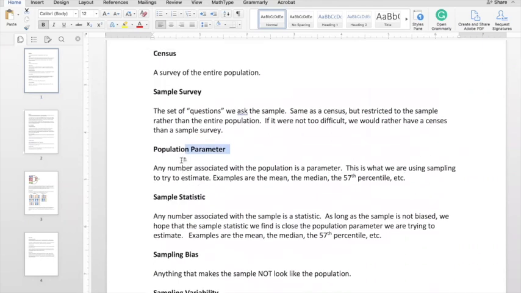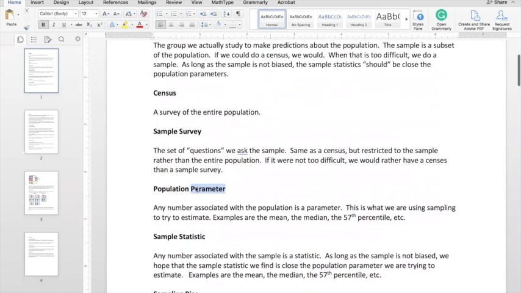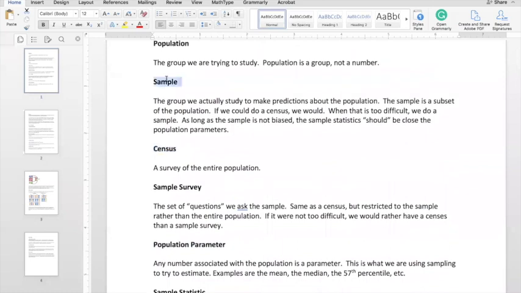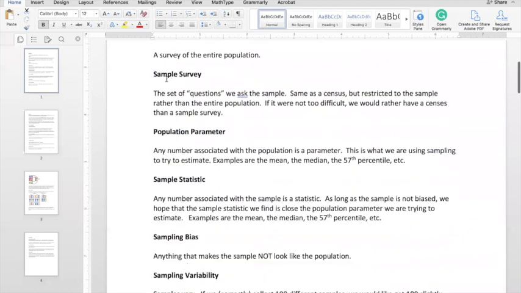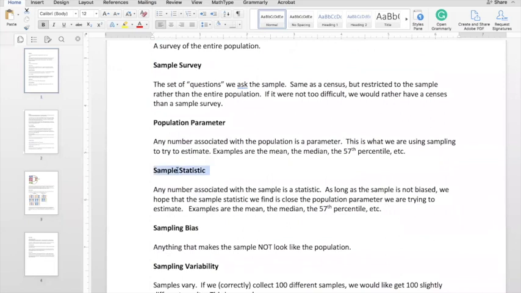So we want to figure out a population parameter. I want to know the average height of all women in the world. I don't have time to do a census. That would be too hard. So I do a sample instead. I calculate my sample statistic, the average height of women in my sample.